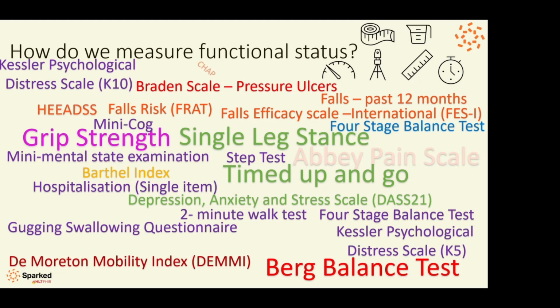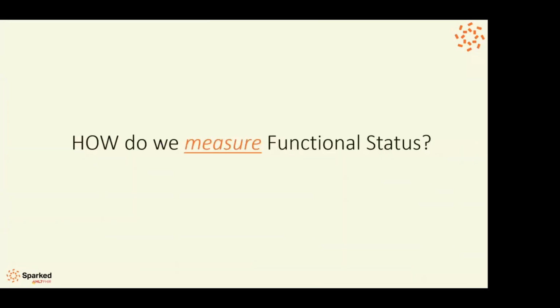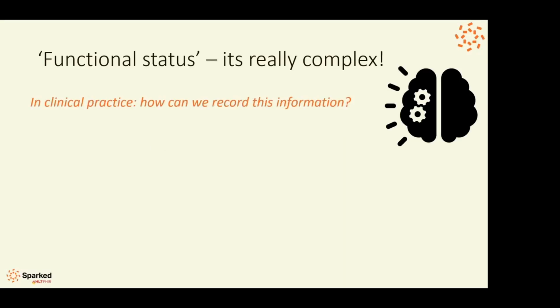Are they measuring how well the person performs the activity or participates in the activity? Or are they measuring something to do with their impairment? There are lots of different scopes. There are lots of different indicators and metrics used within these tools that don't make them like for like, basically.